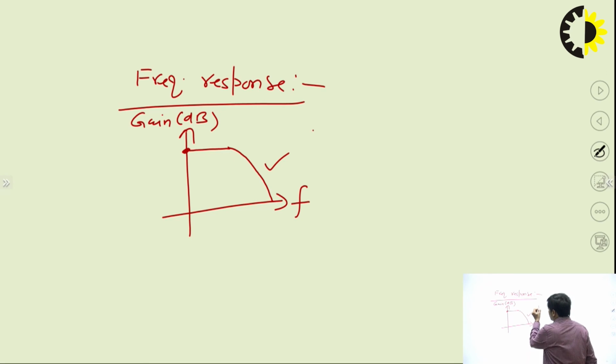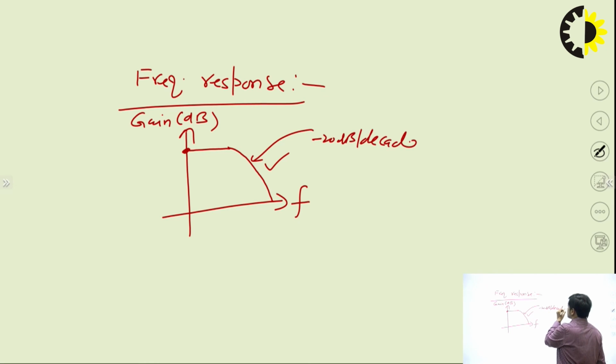And the roll-off rate of this curve is minus 20 dB per decade, and that is because of the pole, the dominant pole, and that pole is coming because of the Miller compensation, because of that compensation capacitor CC that is connected across the second stage, in between the output and input of the second stage.